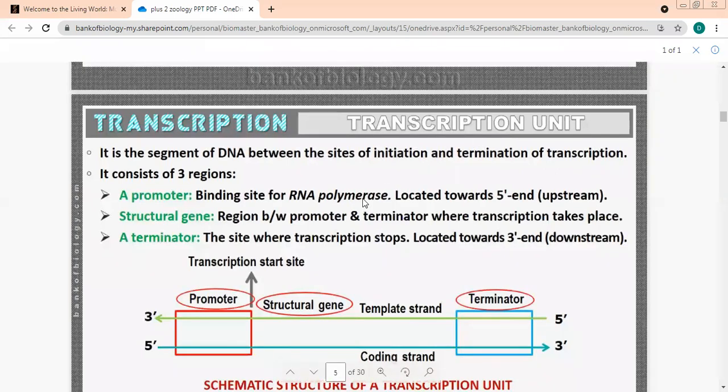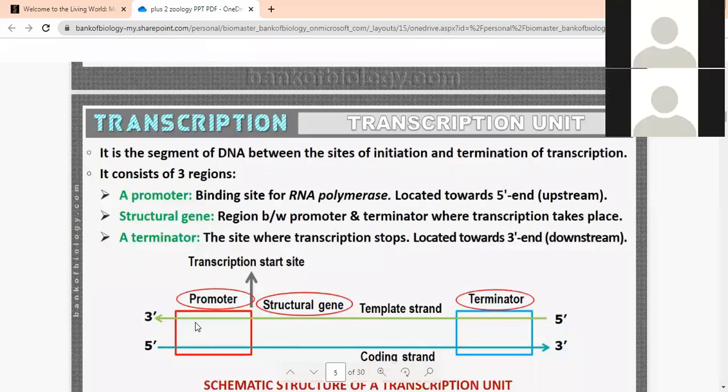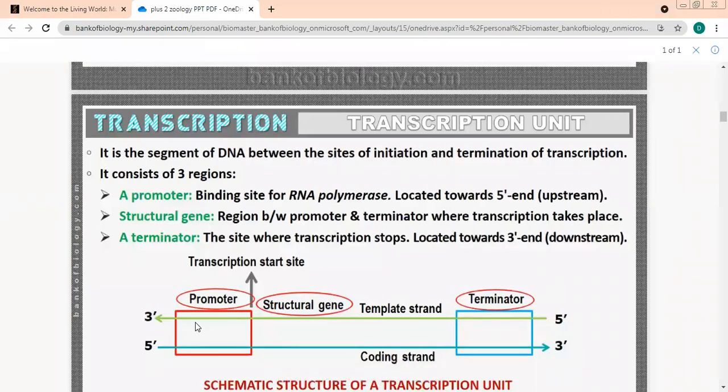So this transcription unit has basically three regions. The first initial part, where transcription starts, the initiation site, is where we are going to have a binding site for RNA polymerase. What is this called?